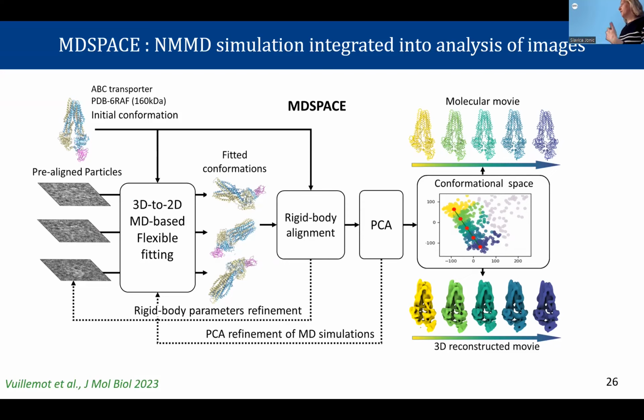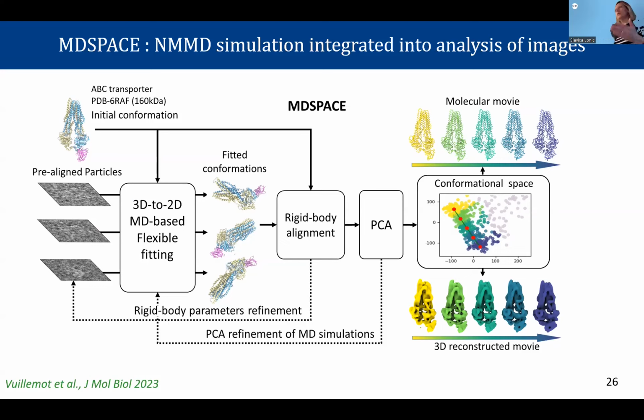The fitted conformations are then rigid body aligned, and we use these rigid body parameters to refine the initial angular and shift assignment. Then this new refined assignment is used for the next iteration, together with the PCA axes obtained at the previous iteration. We use these PCA axes as the normal modes in the next iteration.